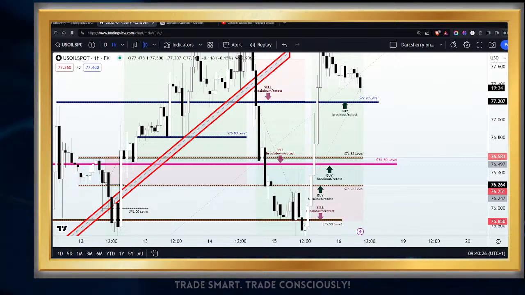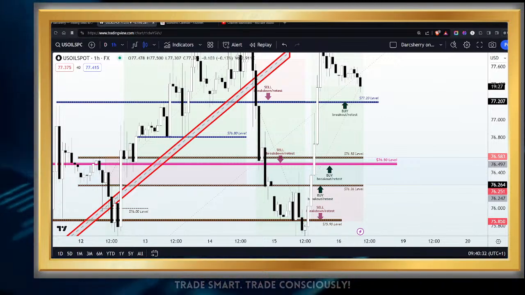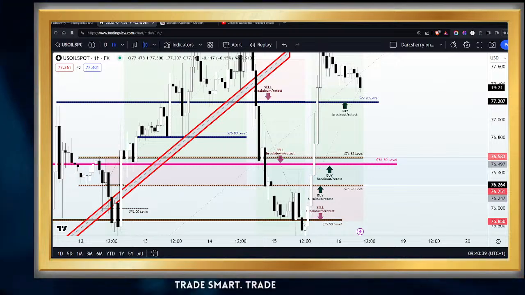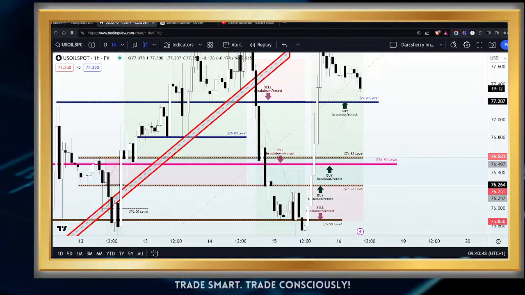But first of all, let's quickly run through the fundamentals behind the scenes that have been driving the market sentiment in the last, let's say, 24, 48, 60 hours. One of the things we saw yesterday, okay, have you all secured your position? Please secure your position right now.